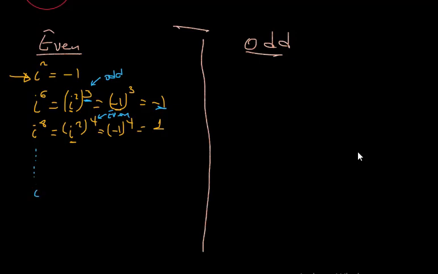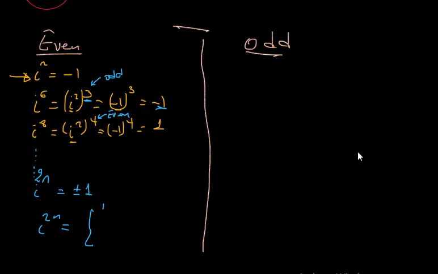So let's conclude this one. i to the power of 2n: the value here will be either positive or negative 1.